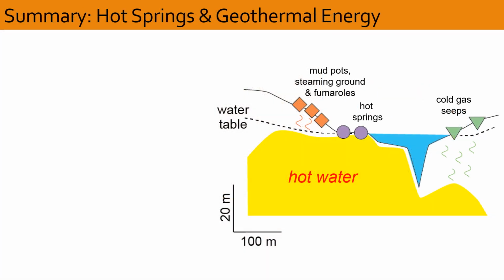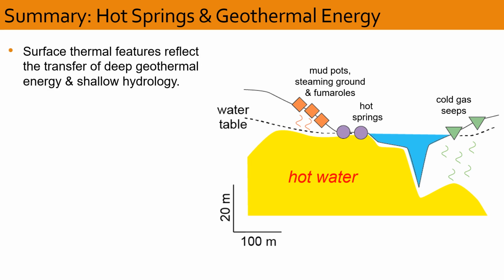To summarize, hot springs, steam vents, and related thermal features are the surface expression of deep circulation of hot water in hydrothermal systems that host geothermal resources in a diversity of geological settings.